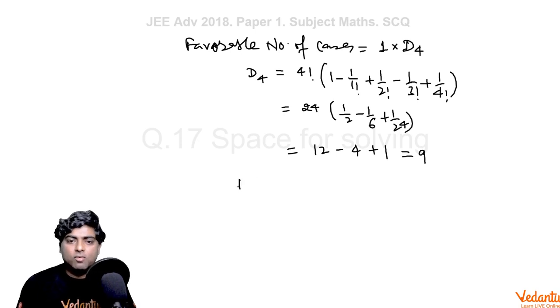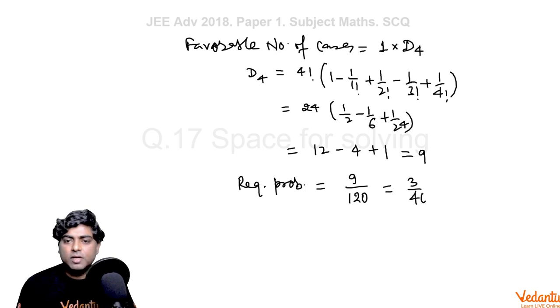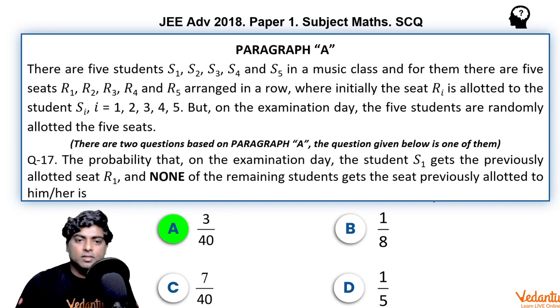So the required probability must be equal to favorable, that is 9, total was 120, so it must be 3 upon 40. So 3 upon 40 should be the final answer to this question. Okay, so the first option is correct, 3 upon 40.